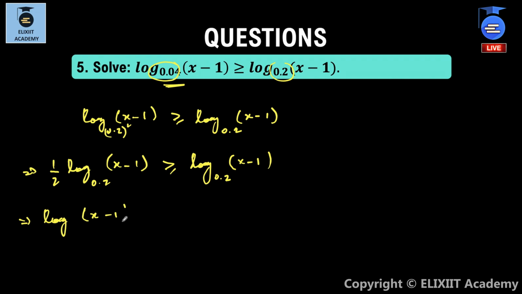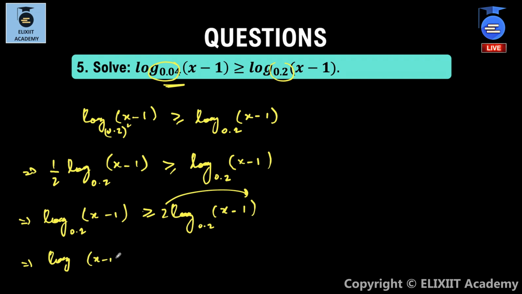Log of x minus 1 base 0.2 is greater than or equal to 2 times log of x minus 1 base 0.2. We can take this 2 in the power of this component. This will become log of x minus 1 base 0.2 greater than or equal to log of x minus 1 whole square base 0.2. Clear?